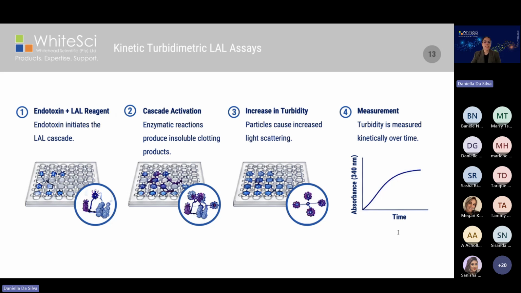Higher endotoxin concentrations within a sample will result in faster activation of the cascade and therefore a more rapid increase in turbidity. The assay software will then compare the reaction kinetics to a standard curve, and it calculates the endotoxin concentration. One of the strengths of the kinetic turbidimetric assay is its broad dynamic range and the fact that it is a quantitative output.